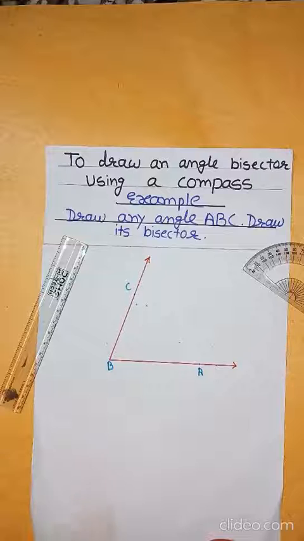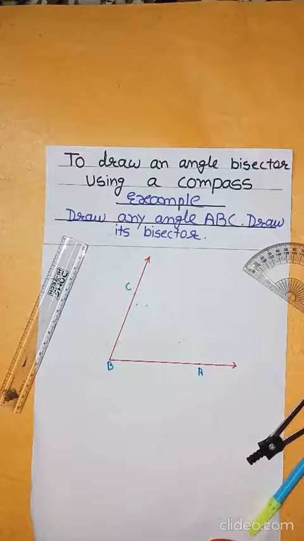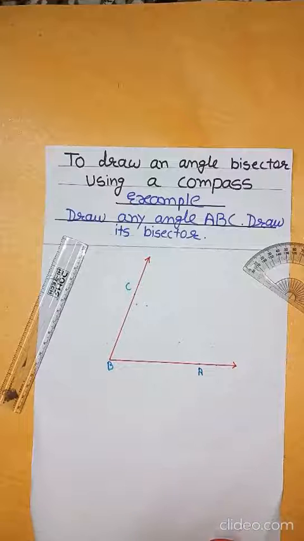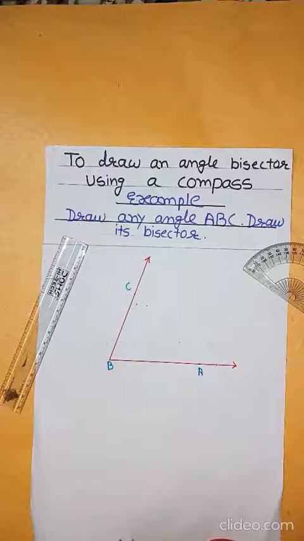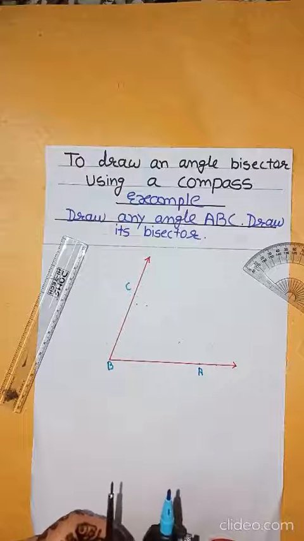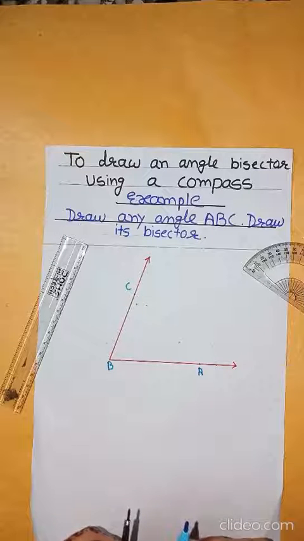Now here we have to draw the bisector of this angle using a compass, and for this, students, please remember, for the clarity of the construction, I am using sketch pen for construction, but you have to do the construction by using pencil only.